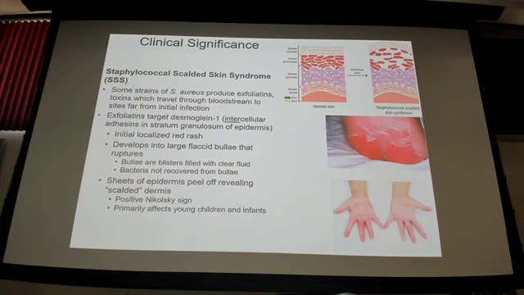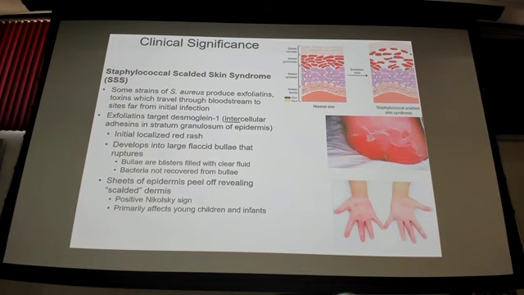The last one is staphylococcal scalded skin syndrome. Fortunately, it does have another name. It's more commonly known as Ritter disease, R-I-T-T-E-R, although the former is preferred in the literature because it's more specific.